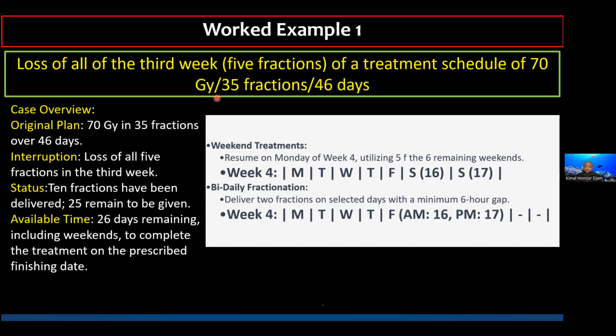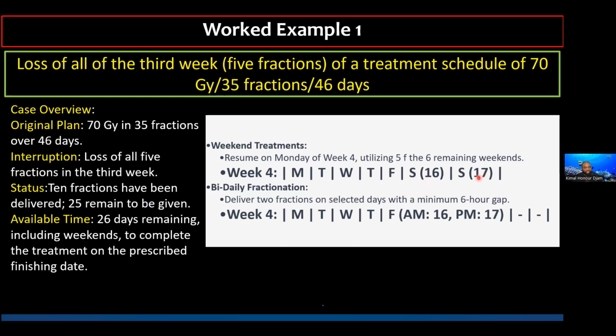Now, depending on your protocols and your practices in your centers, there are generally 2 approaches that we could handle this particular case. One, we could incorporate weekend treatments, which means that if we utilize 5 of the 6 remaining weekends along with weekdays, and if we do this, in this particular case, we treat on Saturday and Sunday.